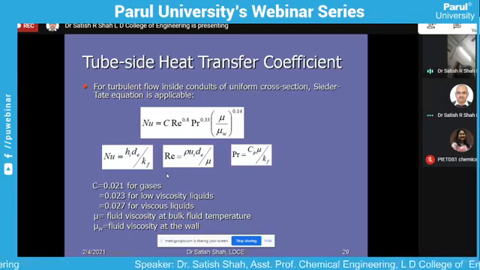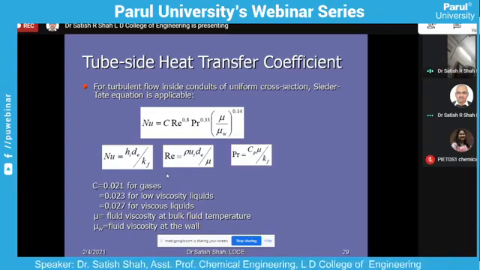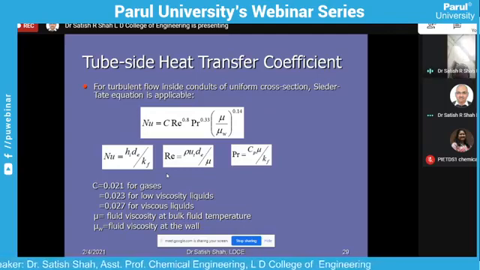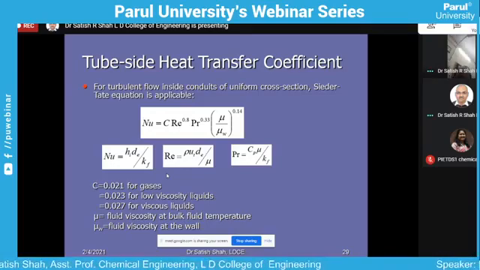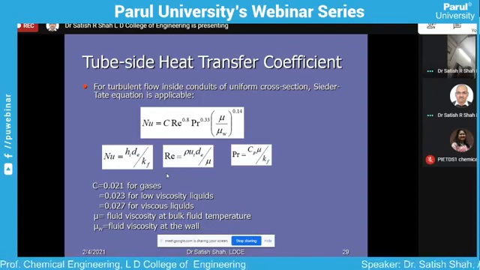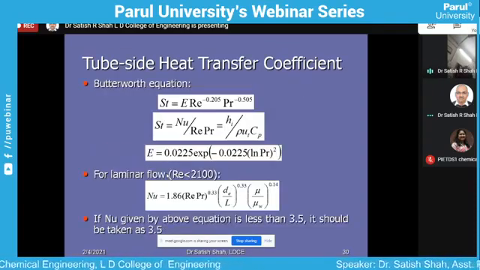Similarly, Nusselt number hD by k, where h is the heat transfer coefficient, the unit will be kilocalorie per hour meter square degree Celsius or watt per meter square Kelvin, and k_f is the thermal conductivity. Similarly, Prandtl number, Cp mu by k, where Cp is specific heat, mu is viscosity, and k is thermal conductivity. All right, so you can calculate the tube side heat transfer coefficient using this formula.